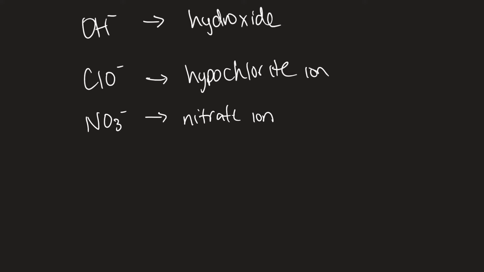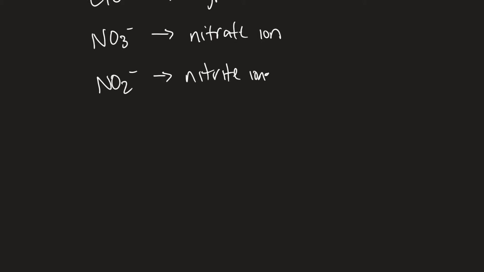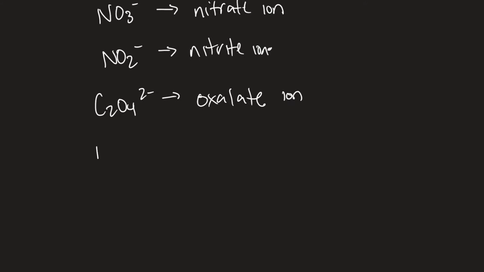Do not confuse nitrate with NO2 negative, which is the nitrite ion, a difference of one letter. Then you have C2O4 2 negative. This is your oxalate ion.